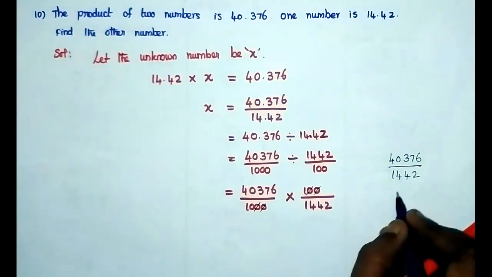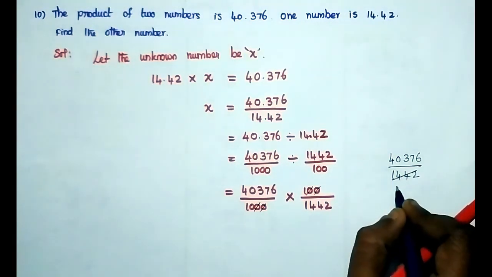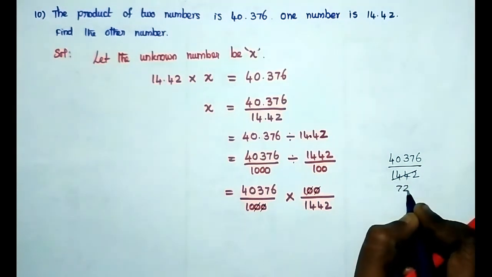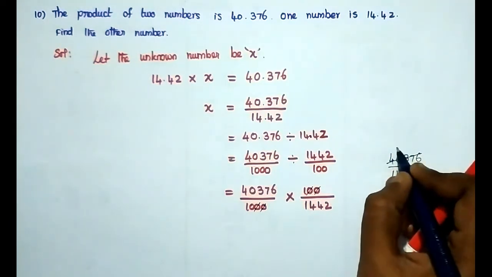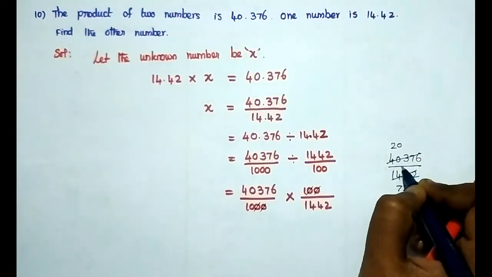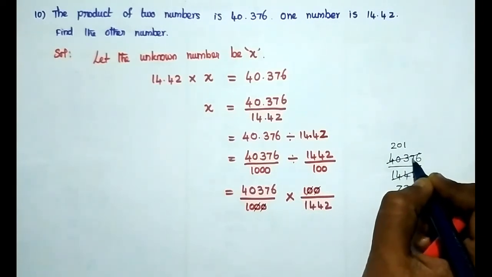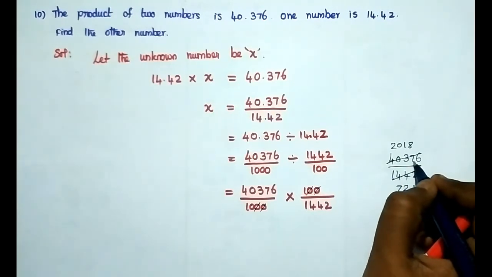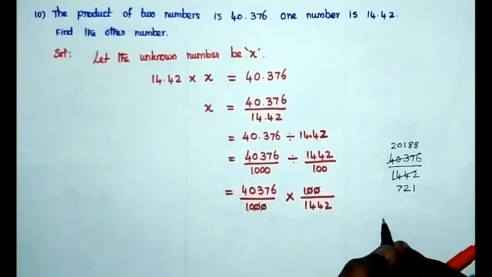Listen, first cancel by 2 table. 7 2s are 14, 2 2s are 4 and 1 2 is 2. Here 20 2s are 40, 1 2 is 2, balance 1, it becomes 17, 8 2s are 16, balance 1, it becomes 16 again. So again 8 times.